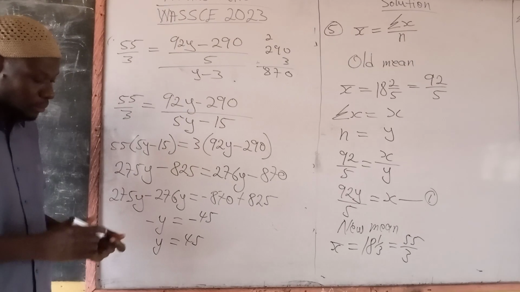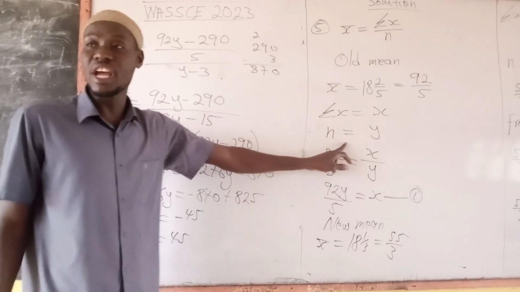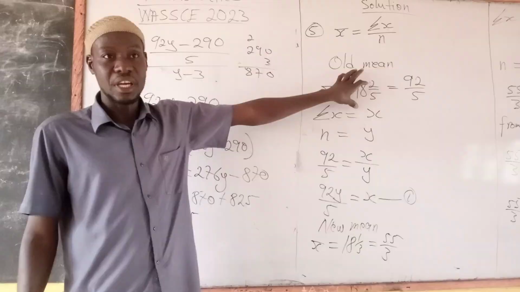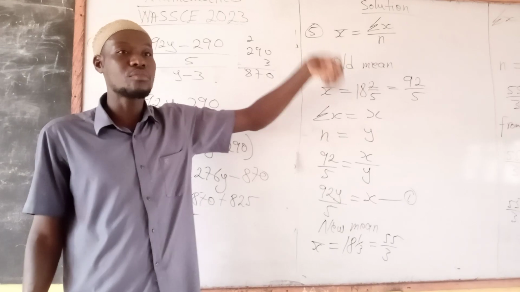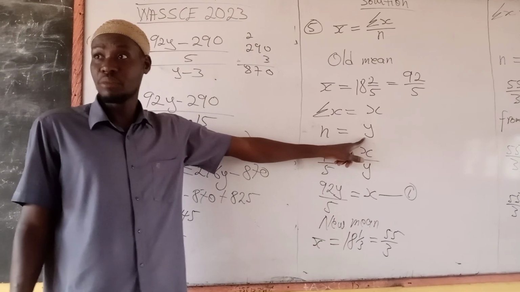But we said that y represents the number of students that gave us the whole mean, and that's what the question is looking at, to find the number of students before the promotion exams. And y is the number of students before the promotion.